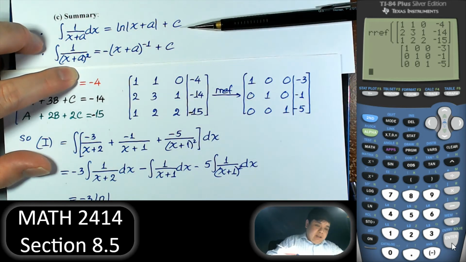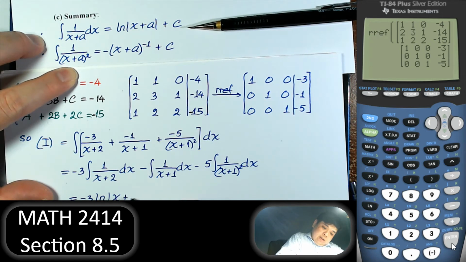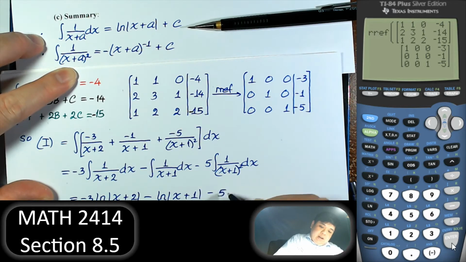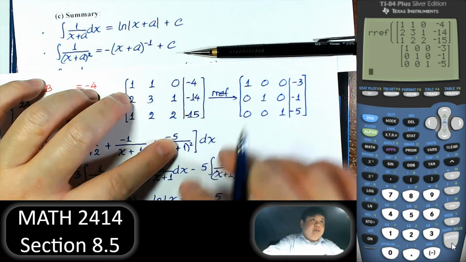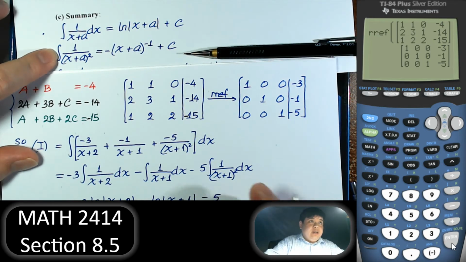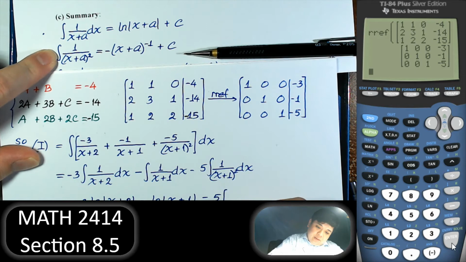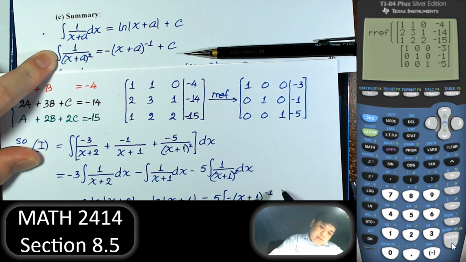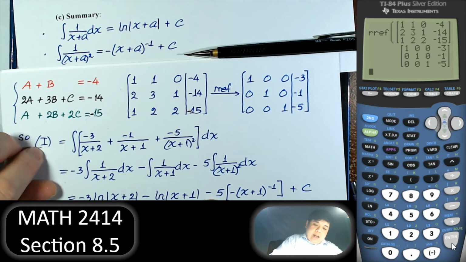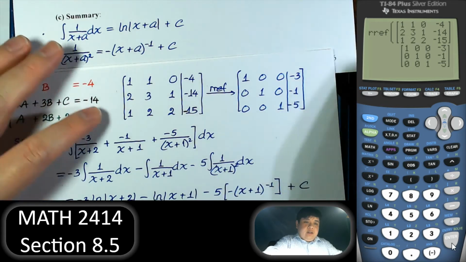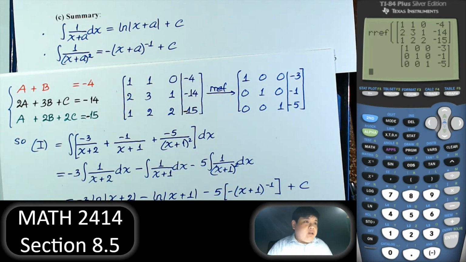And then ln of x plus 1, and then minus 5 over x plus 1. I'm going to use that formula. That turned into a plus. I guess I have to zoom out just a second.